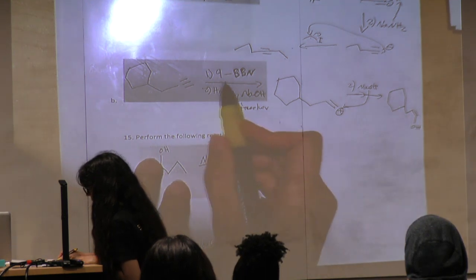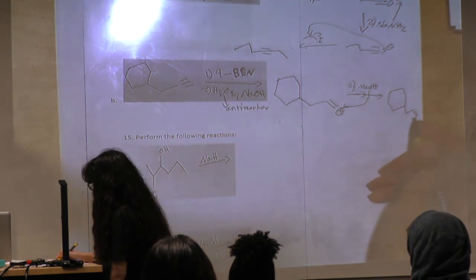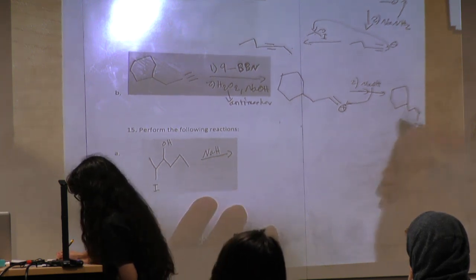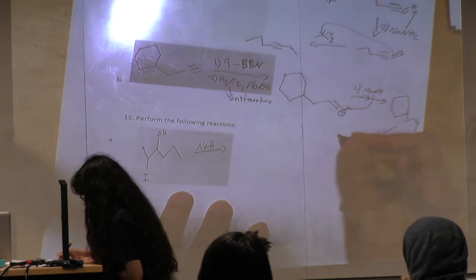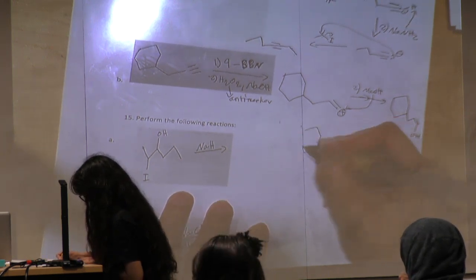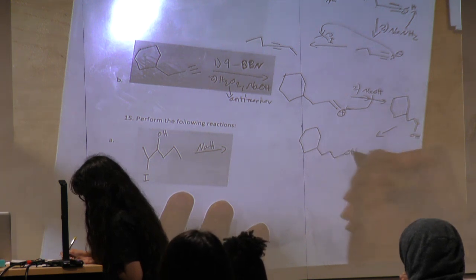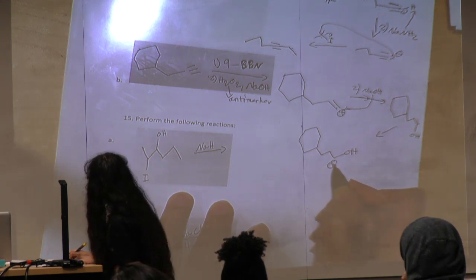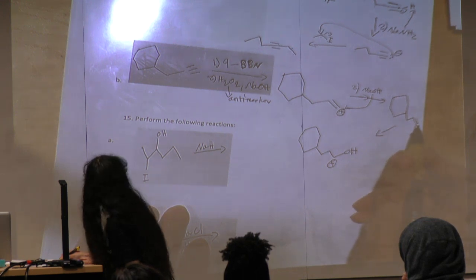So we're going to come back with 9-BBN, and we're going to do the same thing and form a carbocation. I'm kind of running out of room, but I'm going to draw this the best I can. This is going to be 1, 2, 3, 2. We're going to form our carbocation intermediate right there. And that would be the less substituted area, because that would have been like putting it here.